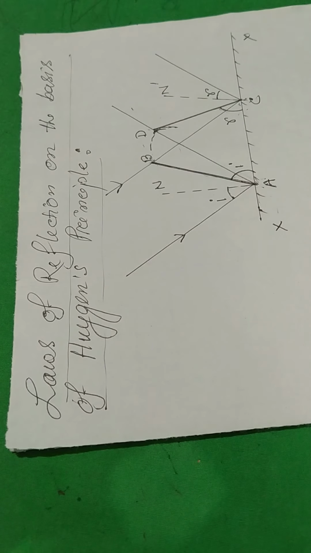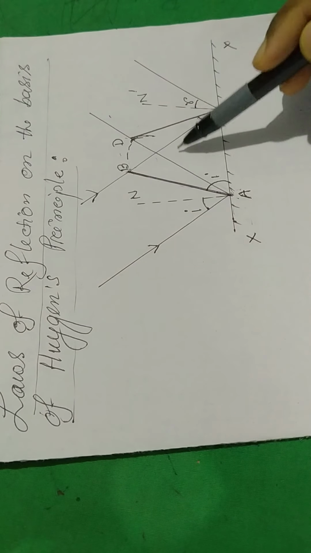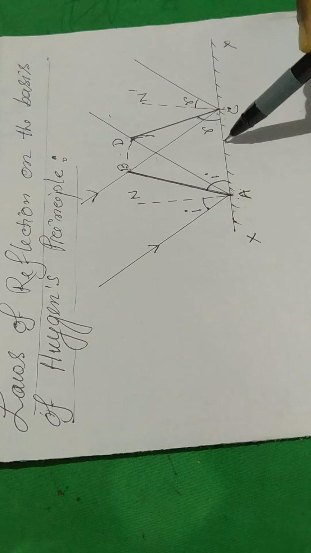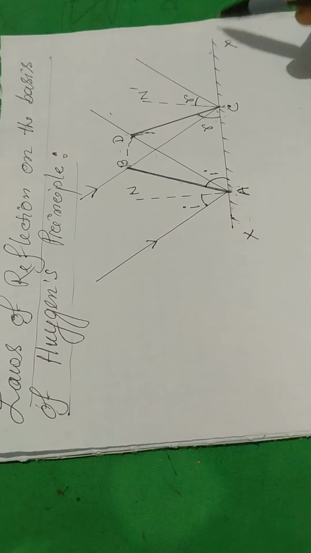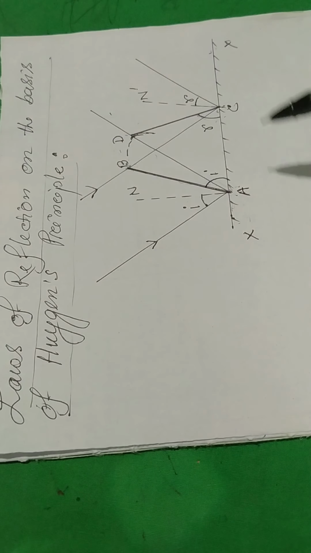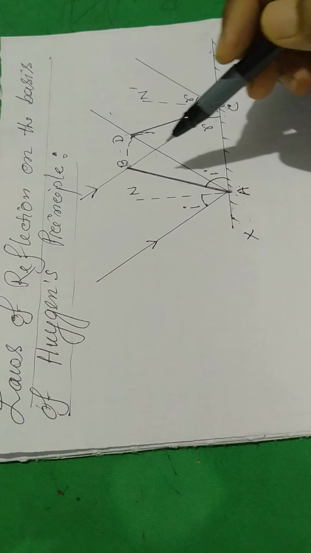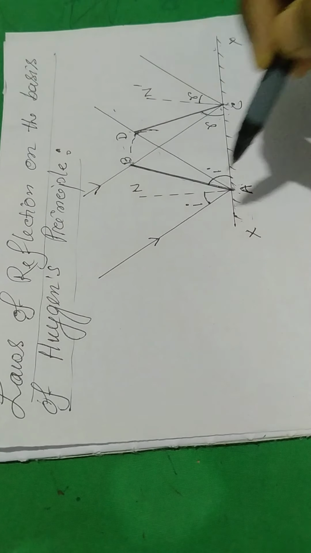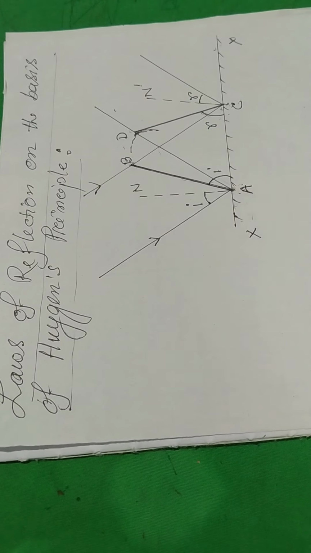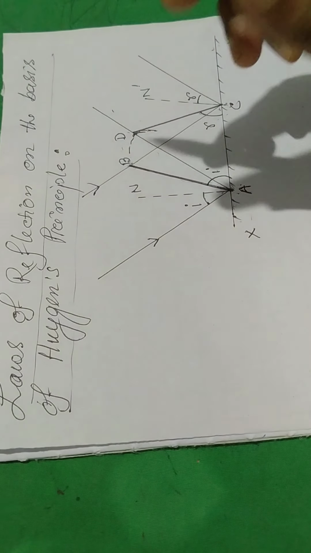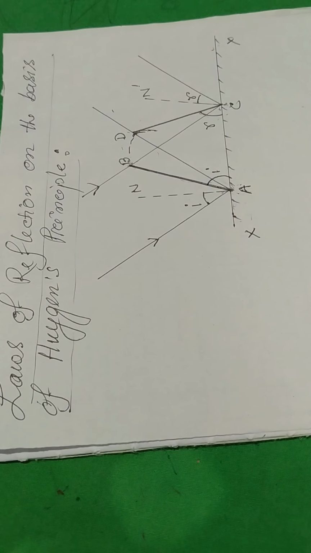Here you see the diagram. Considering a reflecting surface XY, on which a plane wavefront AB is incident at A. According to Huygens' Principle, which we have just discussed, each point on the wavefront acts as a source of new disturbance.